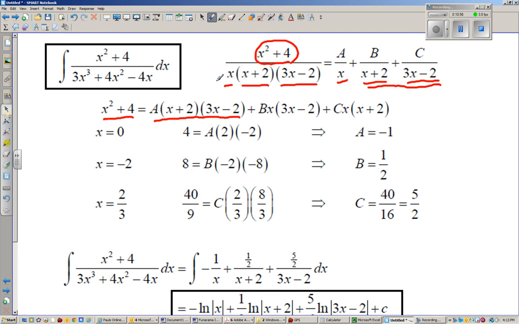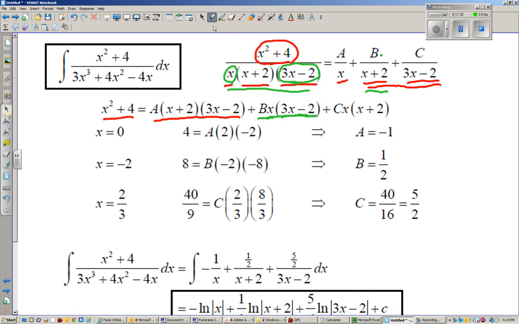And then if we were to do it again, let me just switch up colors here. If we were to put the second denominator into the common denominator, it would go in exactly x times 3x minus 2 times. And then I'd multiply that by the b, right?